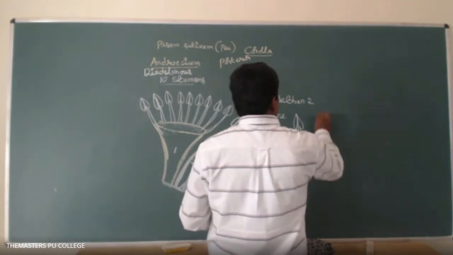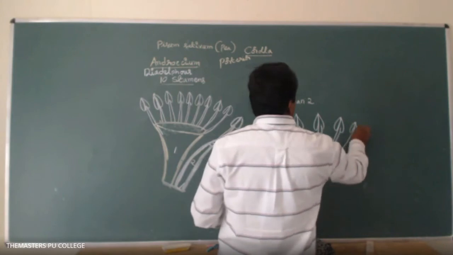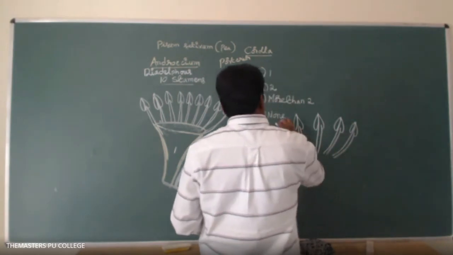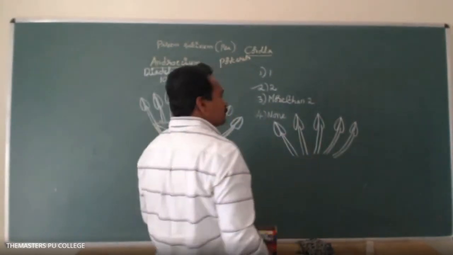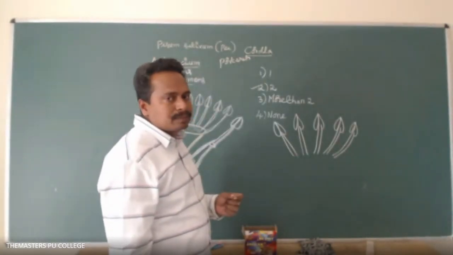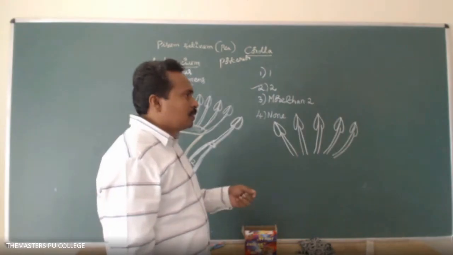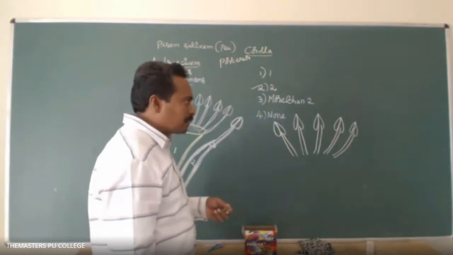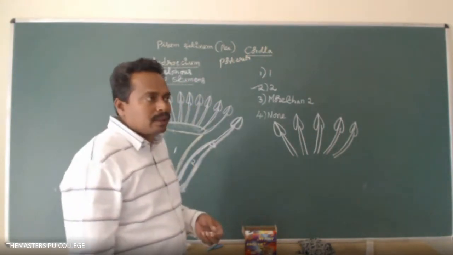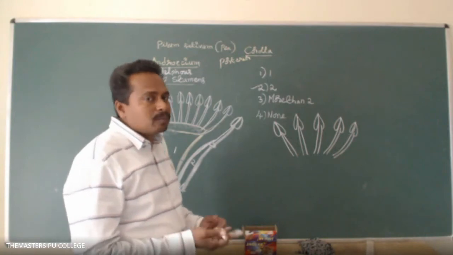The stamens, the filaments, may be free or fused. Here I drew five stamens in the androecium. Yes, several stamens are there in a flower, and the filaments of the several stamens are united to form a bundle.